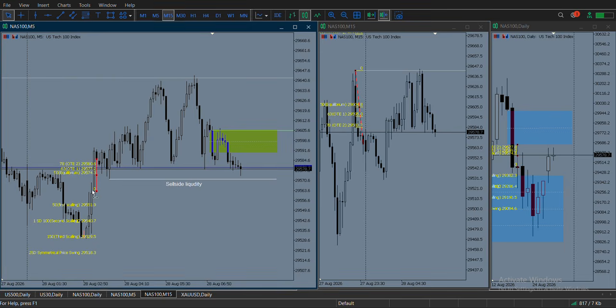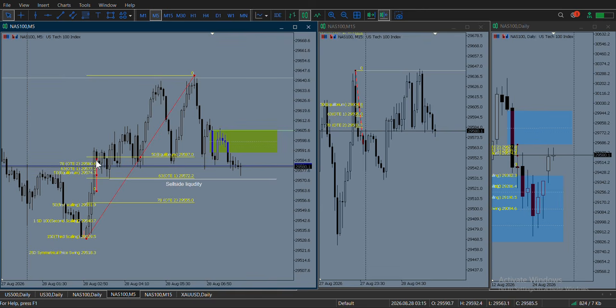So this wick here is also at the midpoint of this range, this low here to that high. That candlestick is on the midpoint of that range. So that wick is important.